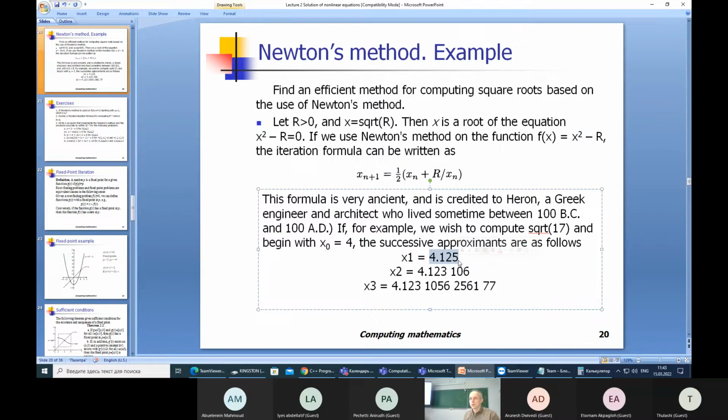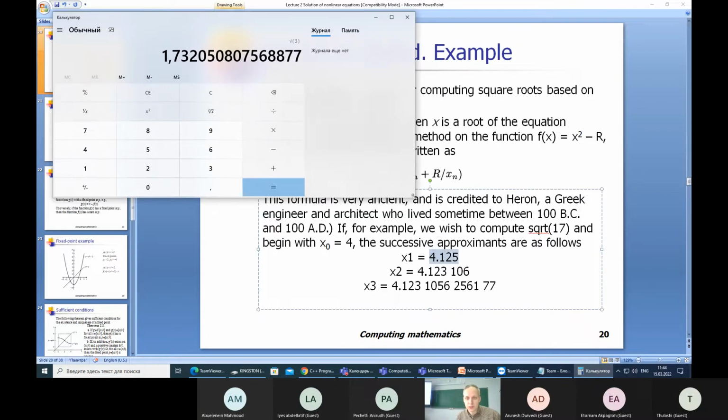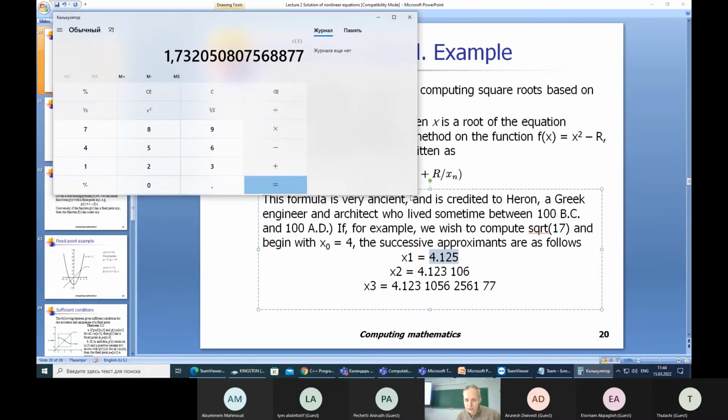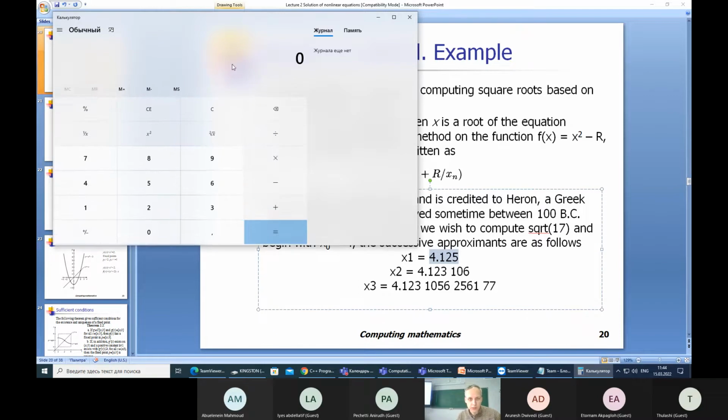Did you get the x2? Yes. The same digits after. Well, let's compare the result that you get using two steps of Newton method with the real value of square root of 17.